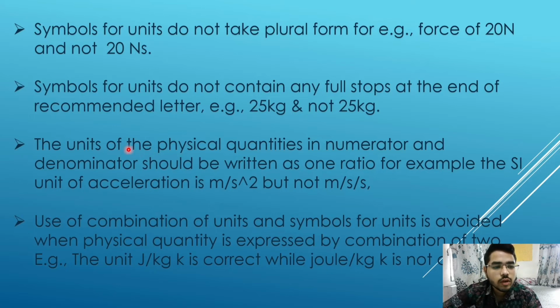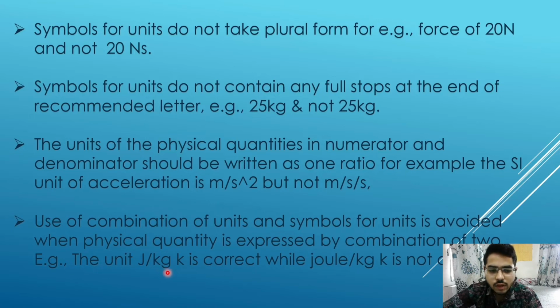Now turning to the next, the units of the physical quantities in numerator and denominator should be written as one ratio. For example, the SI unit of acceleration is meter per second square, but not meter per second completely divided by second. We have to combine it and make it short accordingly. Now our next point is, use of combinations of unit and symbols for unit is avoided when a physical quantity is expressed by the combination of two.